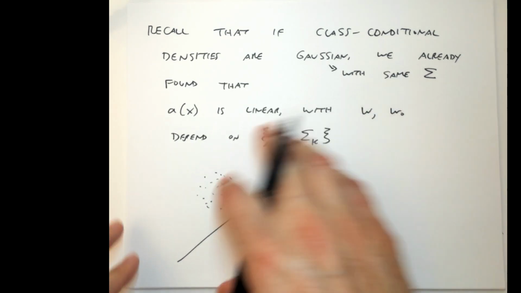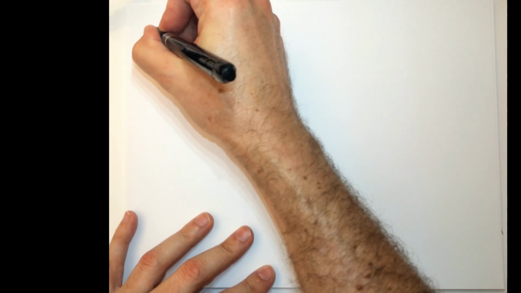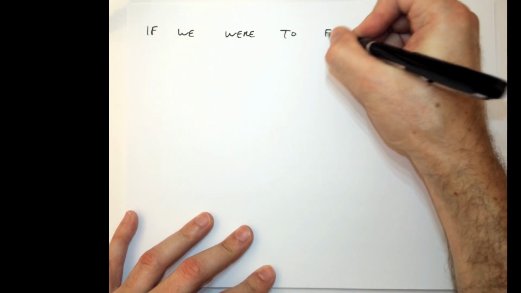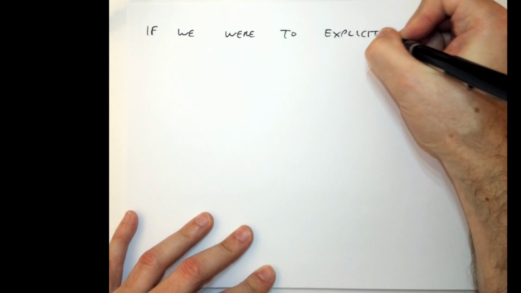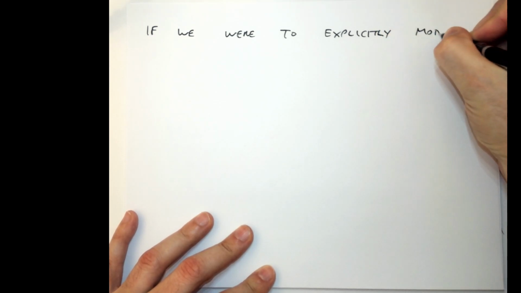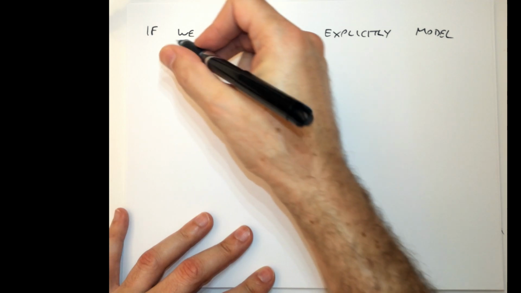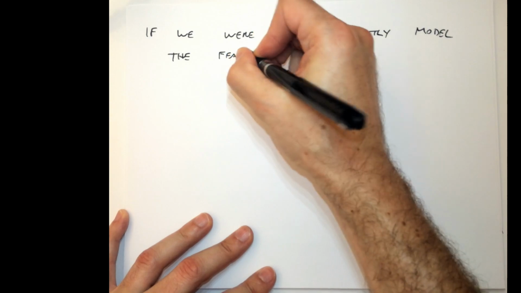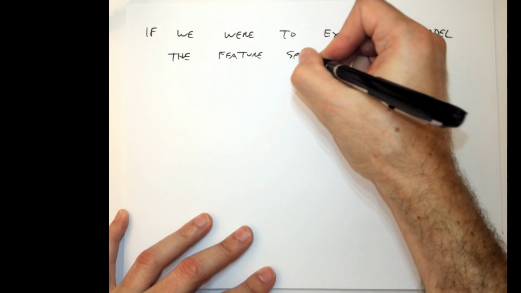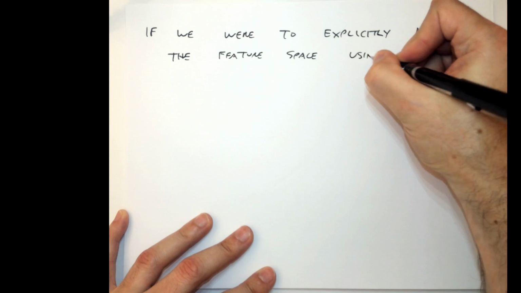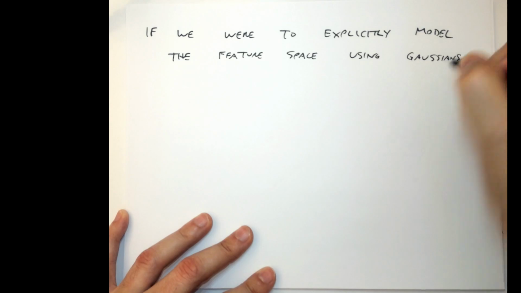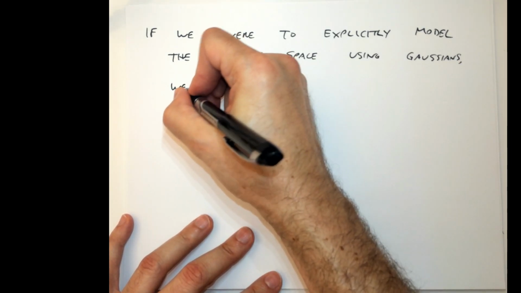Let me write that down a little bit. So if we were to explicitly model the distributions as Gaussian, then I would need a lot of parameters, right?